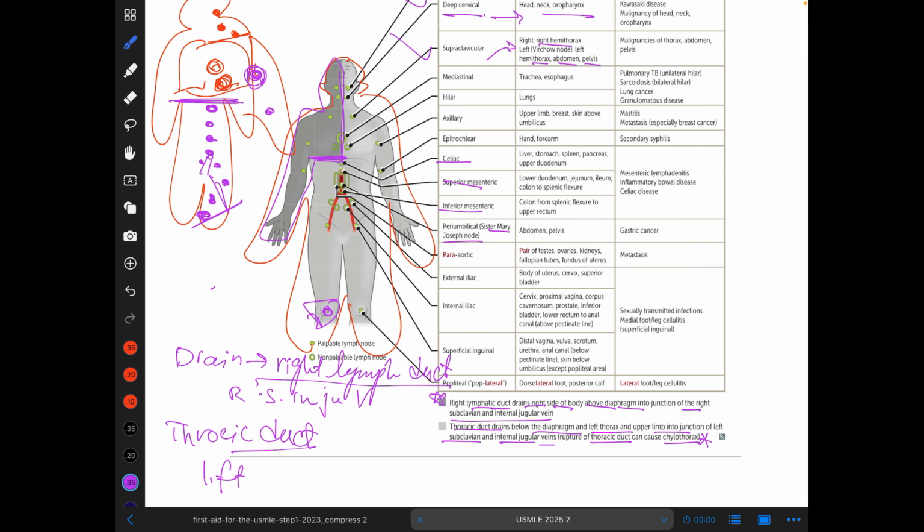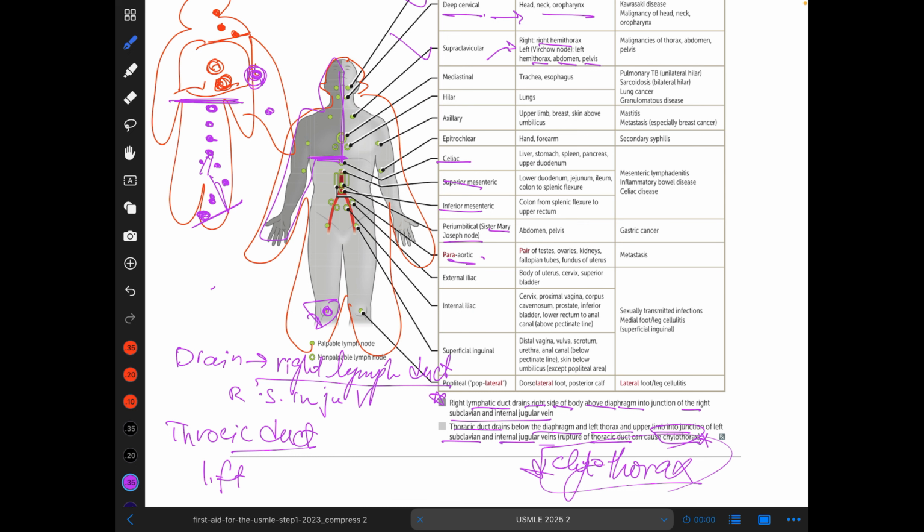Chylothorax. The chyle, the lymph, will be in the thorax region, like pneumothorax, where there is air in the thorax. It is the same.